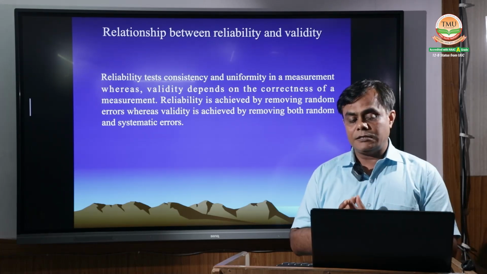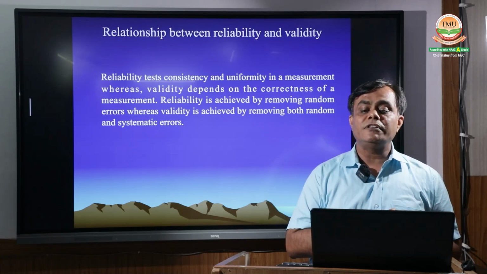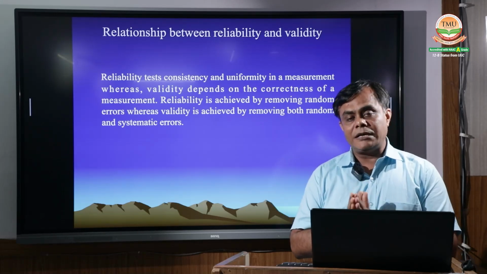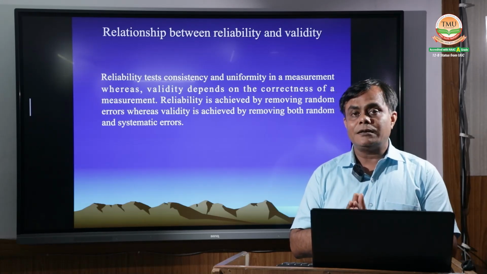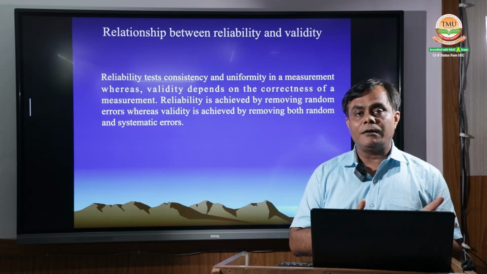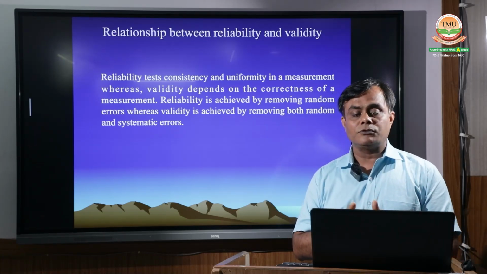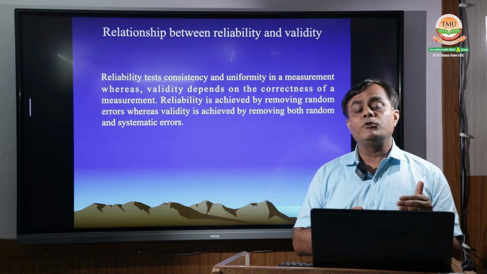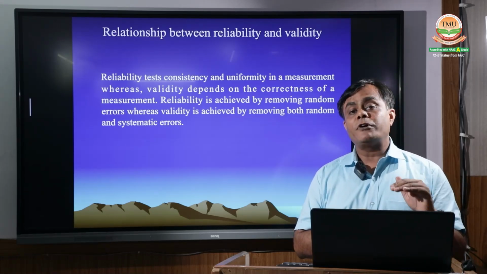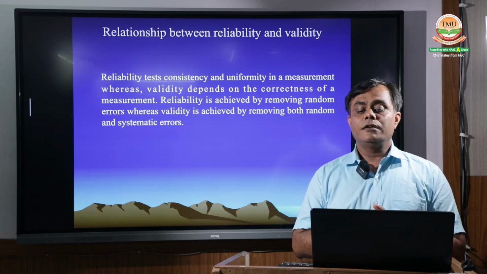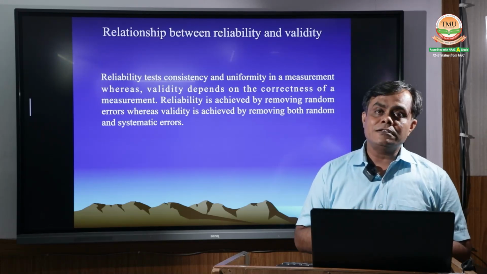So there is a very valid relation between reliability and validity: reliability removes the random error and validity removes both random and systematic error. Through reliability you can improve the uniformity in the measurement, and through validity you can improve the correctness in measurement.